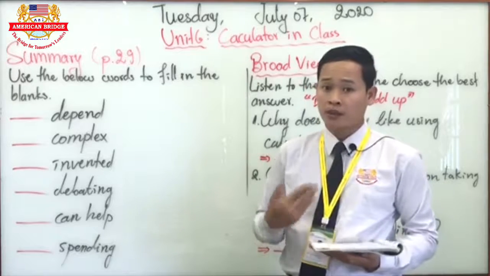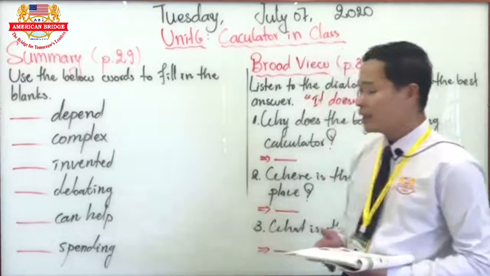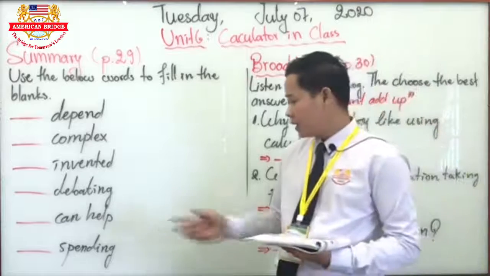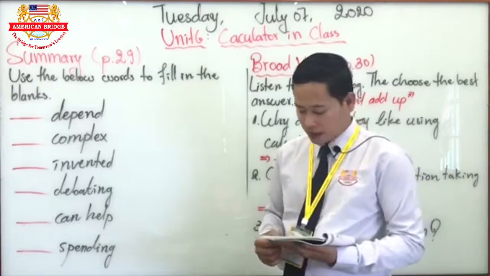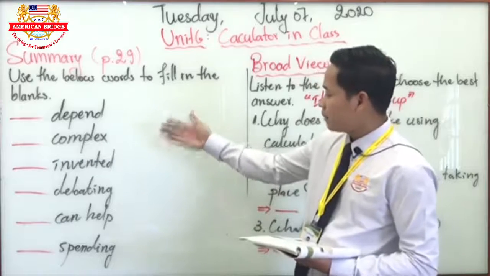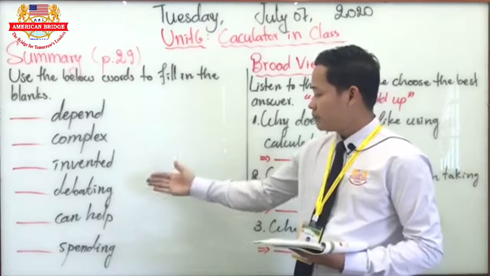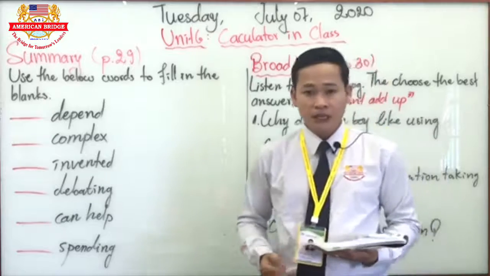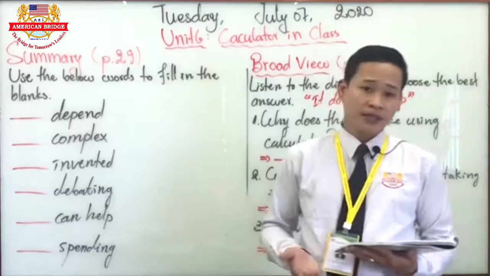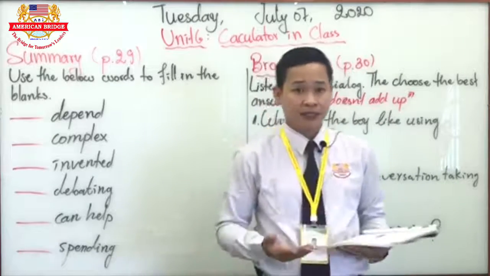So we call it debate. What about can help? Just a phrase. How about spending? Again: depend, complex, invent, debate, can help, and spending. Spend can be spending time, like spend time, spend money, for example.